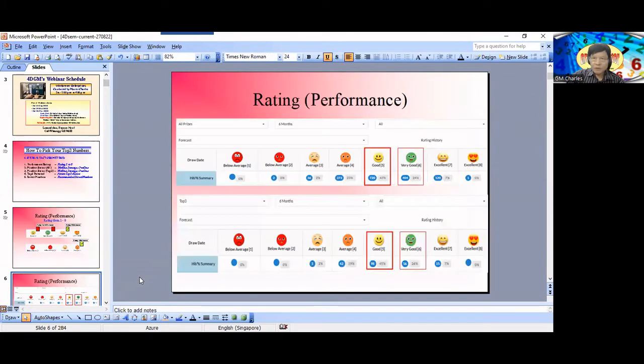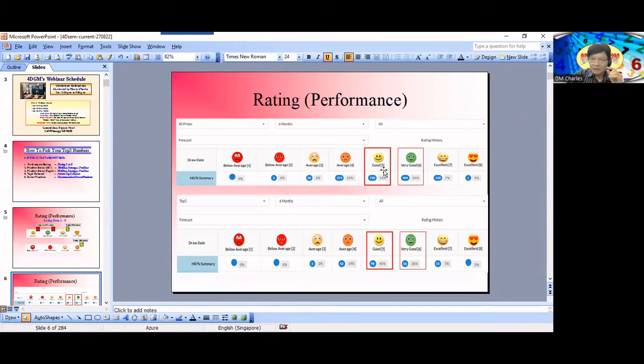The next screen I'll show you is to prove why rating 5 and rating 6 are the best. If you go to the rating history, you can find this data. First, on top here is all prizes. Those rated 5 and 6 have the highest percentage of hits.